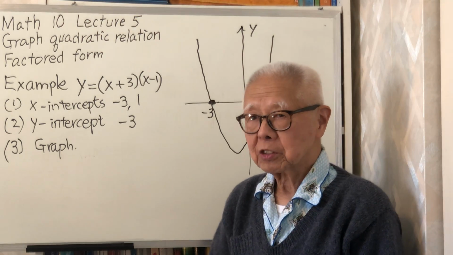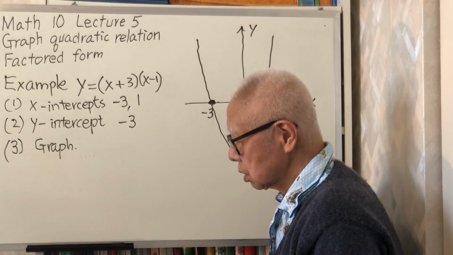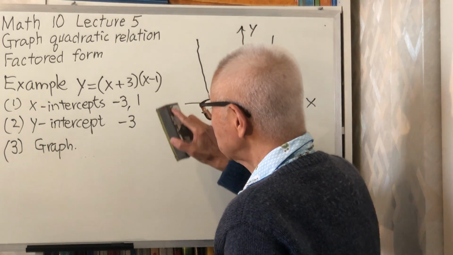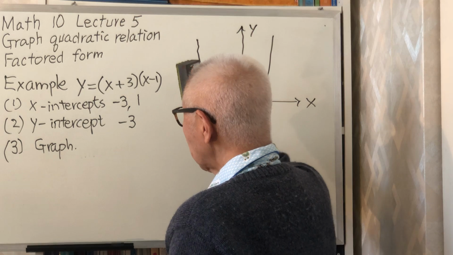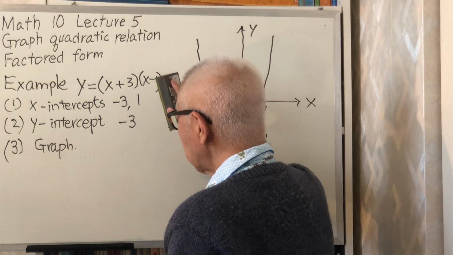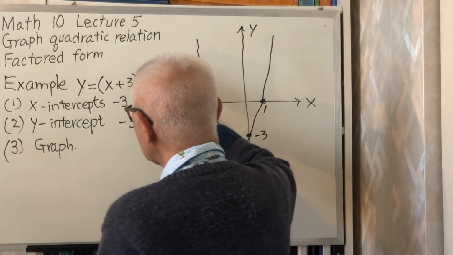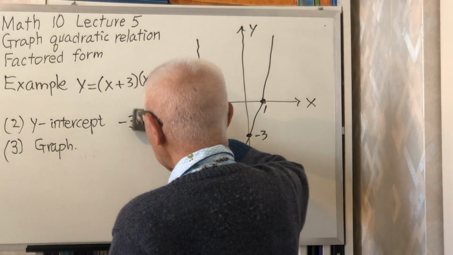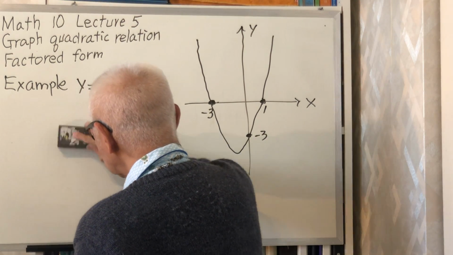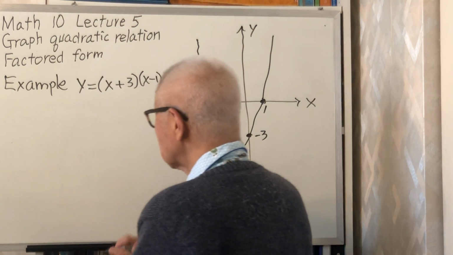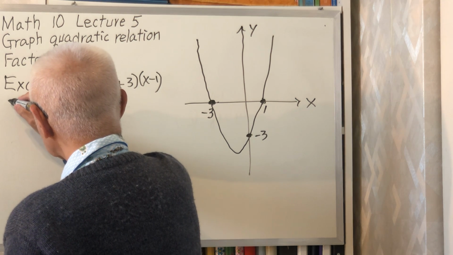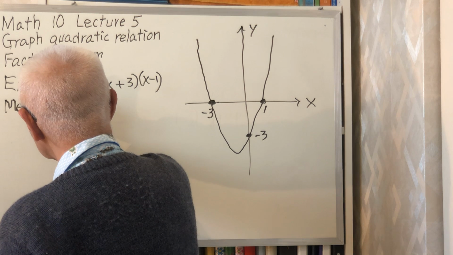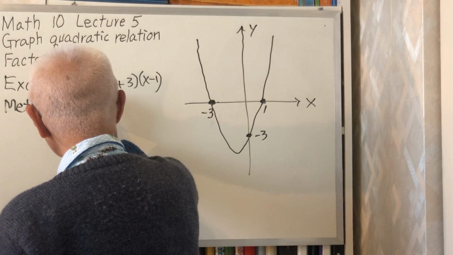The second method is to find the x-intercepts and the vertex. So let's use the same example. Method number 2.